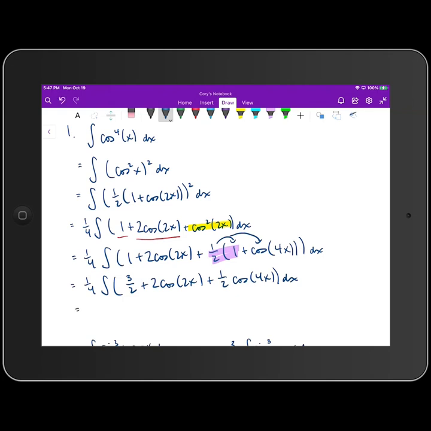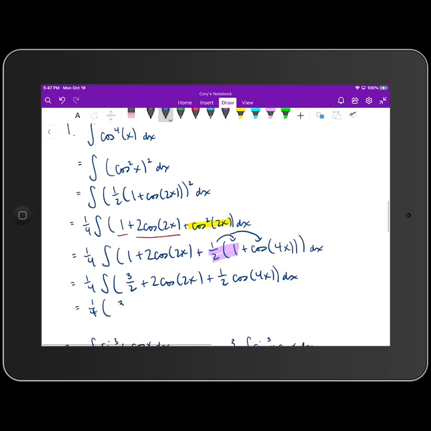I can integrate that term by term. So this is going to be 1/4 times the integral of 3/2, which is 3/2 x, plus the integral of 2 times the cosine of 2x, which is the sine of 2x, plus the integral of 1/2 the cosine of 4x, which is 1/8 the sine of 4x.